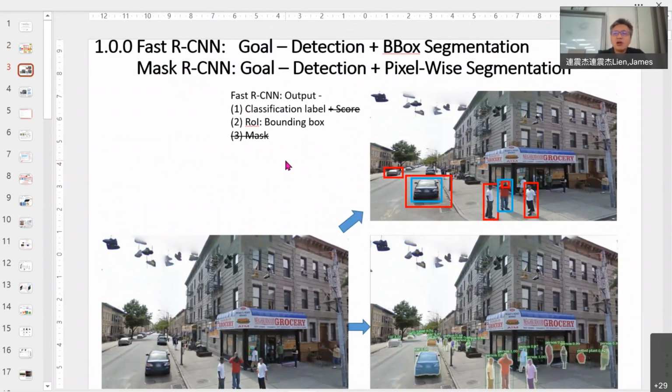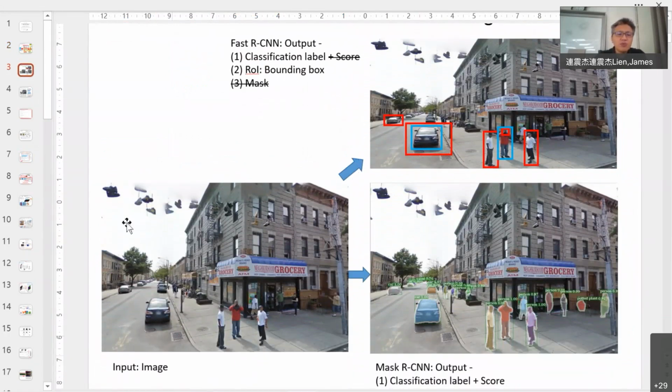So before we talk about Faster RCNN, there is Fast RCNN and then Mask RCNN. Okay, so suppose you input one image.